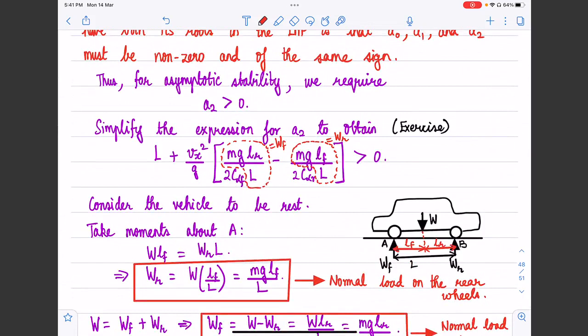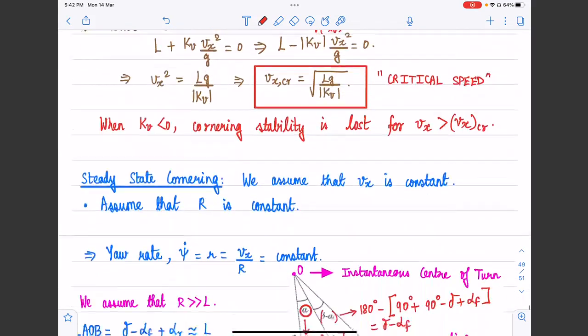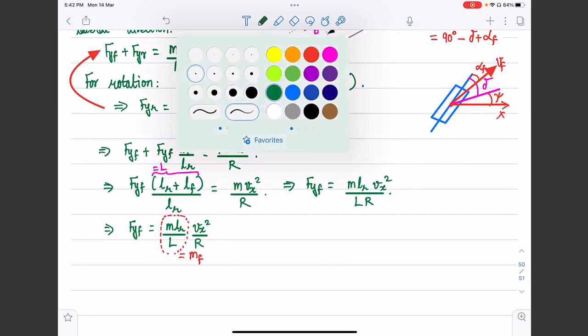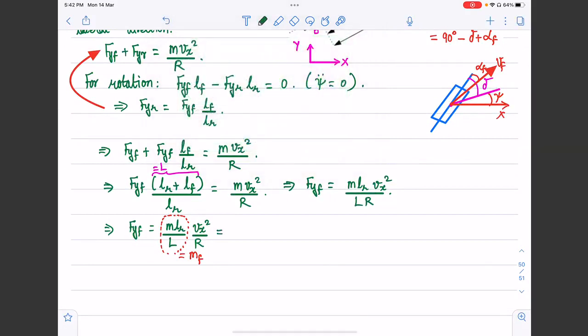If you recall, m Lr by L will be the mass of the vehicle supported on the front wheels. m Lf by L will be the mass of the vehicle supported on the rear wheel. Okay, so please remember that. So this is nothing but, let me call it m subscript f. m subscript f is the mass of the vehicle supported on the front wheel.